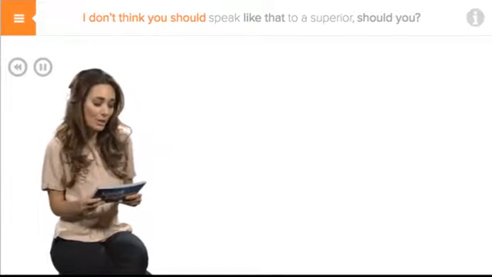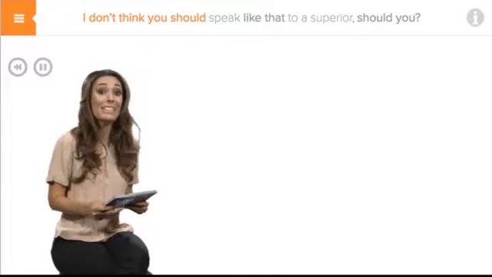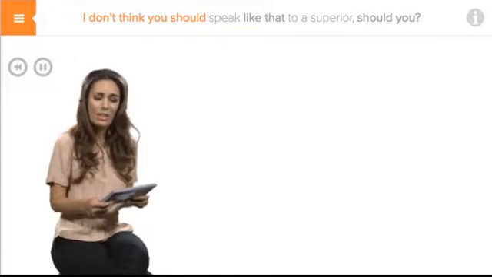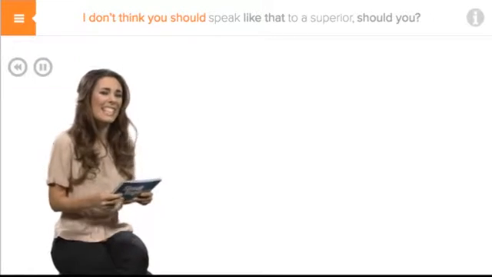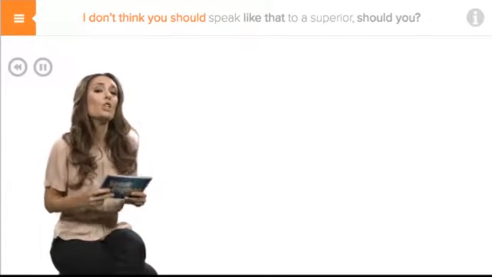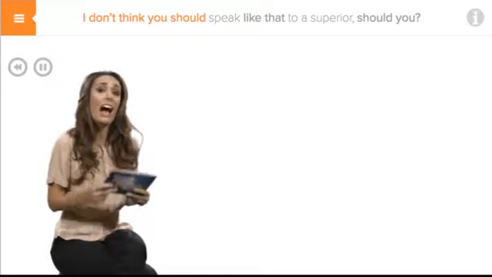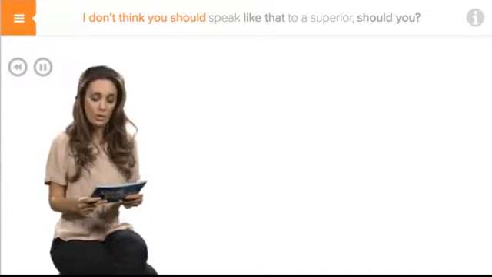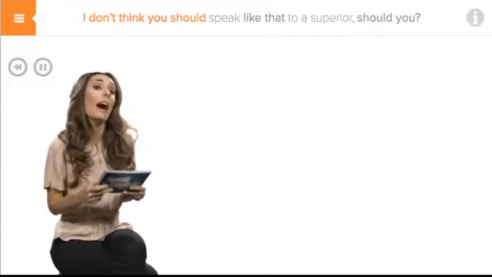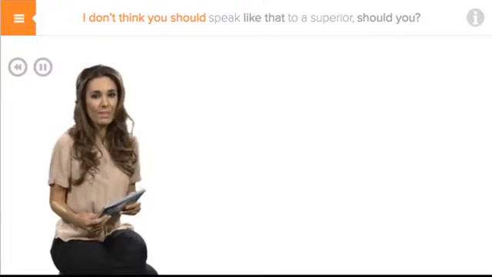Es decir, en mi opinión no deberías hacer esto y aquello. ¿Notas una sutil diferencia en el orden de las palabras entre el inglés y el castellano? Efectivamente, nosotros tendemos a decir no creo que deberías, es decir, I don't think you should, en lugar de creo que no deberías. I think you shouldn't.